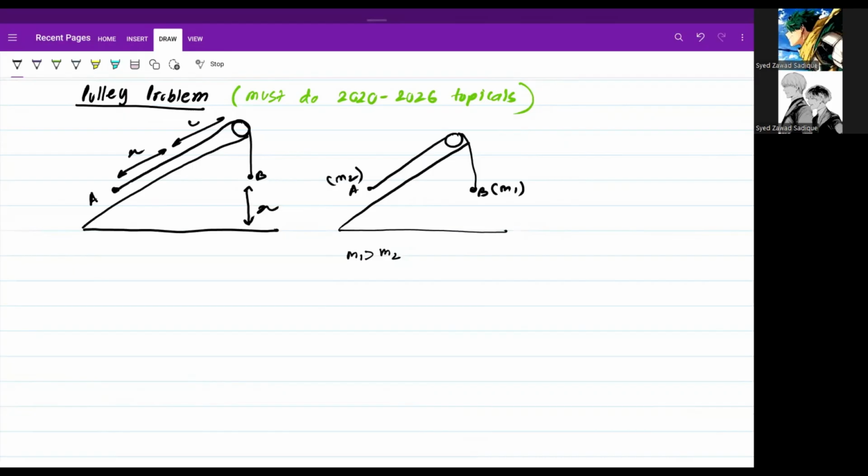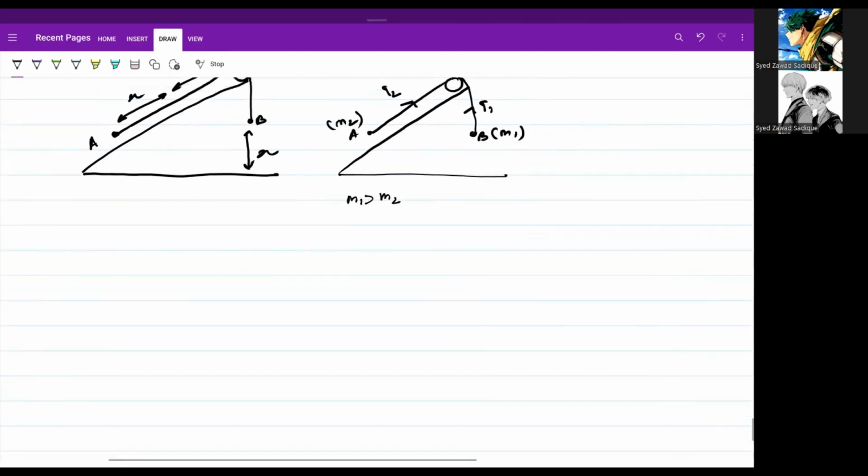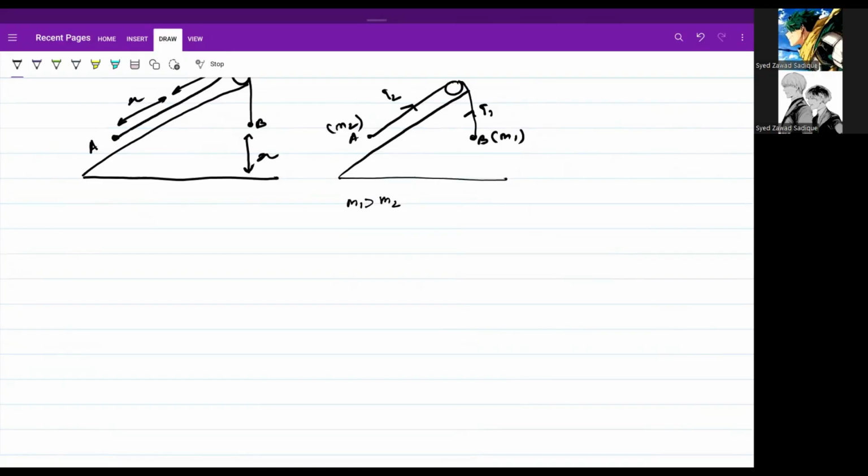Tension works here, T1, and tension works here, T2. As B goes down, A moves forward. Similarly, as we saw in the last question, what we can infer is, of course, there is weight.